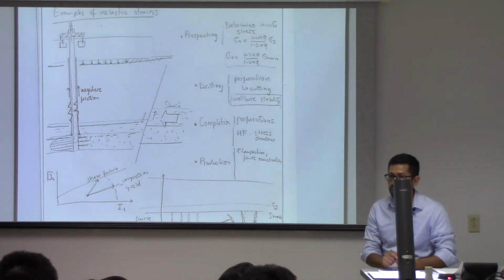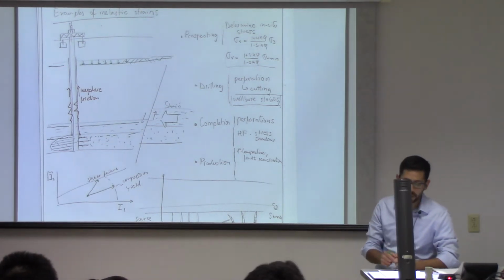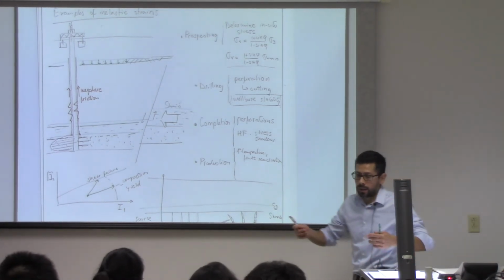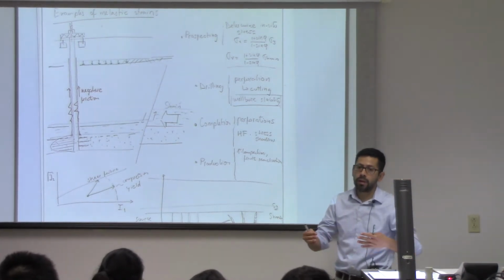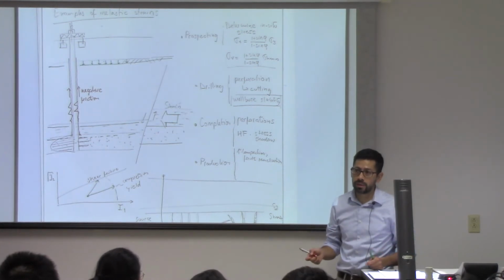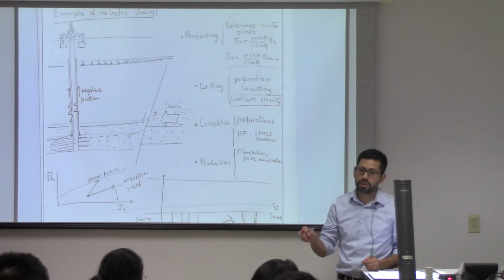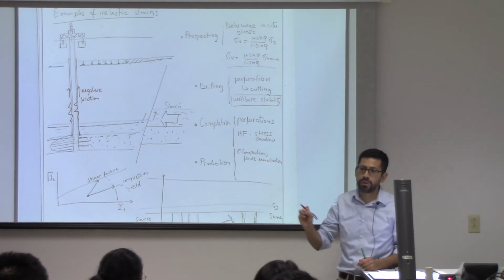And one more thing, also related to production in all types of uncemented sediments. Usually as you start producing, the fluids go into the wellbore, and the fluids have a viscosity, right? And if they have a viscosity, they put drag forces on uncemented media, and they may cause those particles to move.